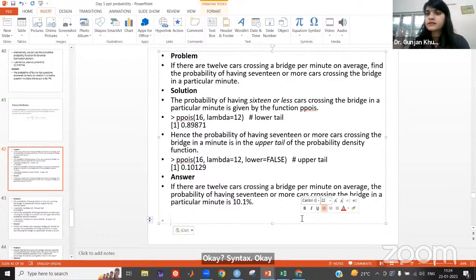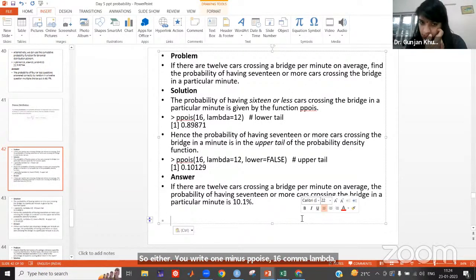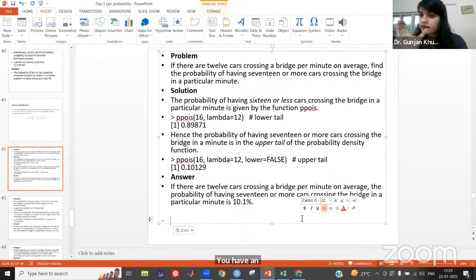Actually it is giving us the lower tail, but you have to calculate 1 minus that. So either you write 1 minus P pois 16 comma lambda equal to 12, or you have an alternative. You can write P pois 16 lambda equal to 12, and then write lower equal to false, so it will give you the upper tail.